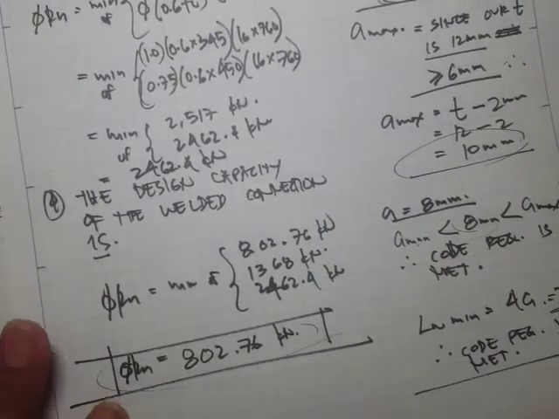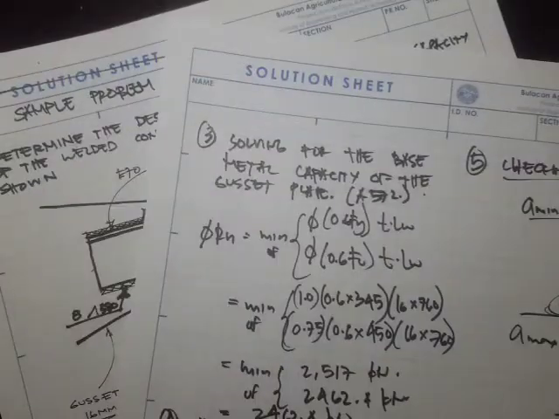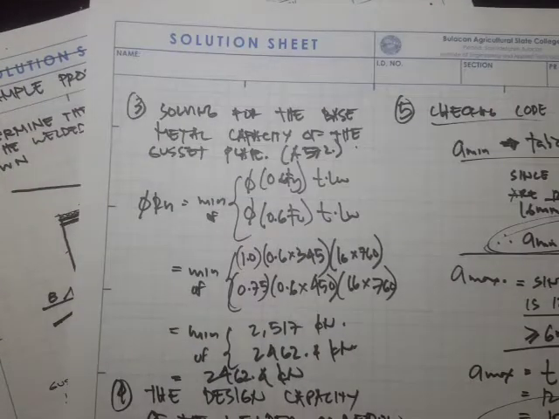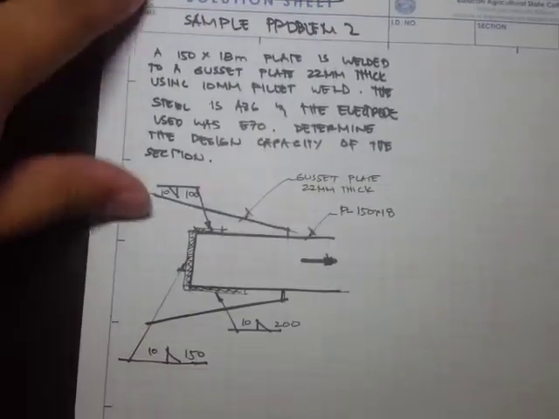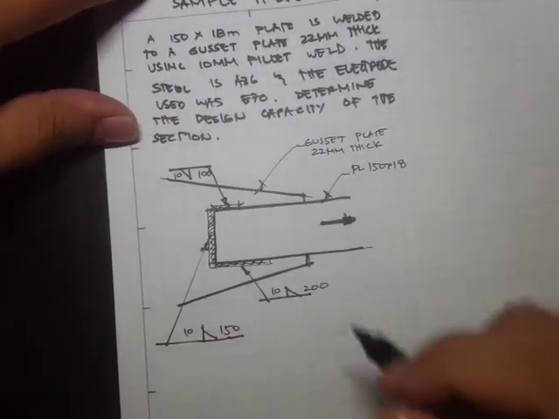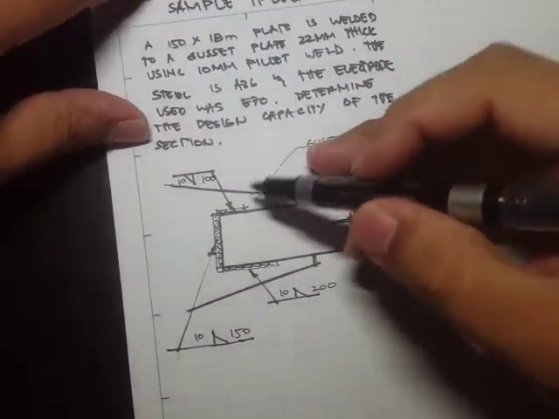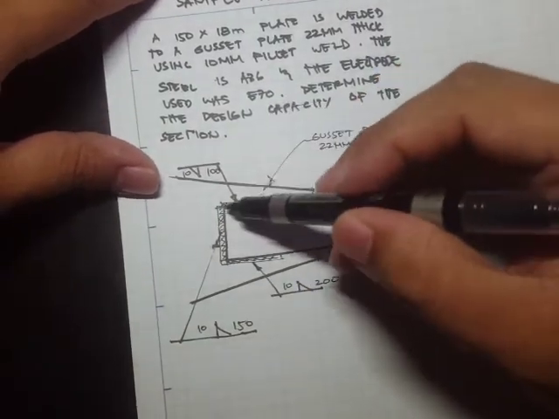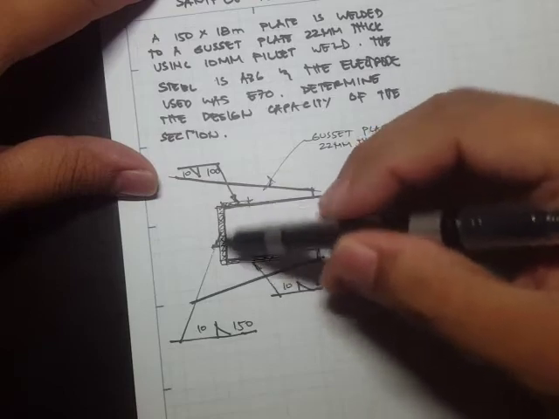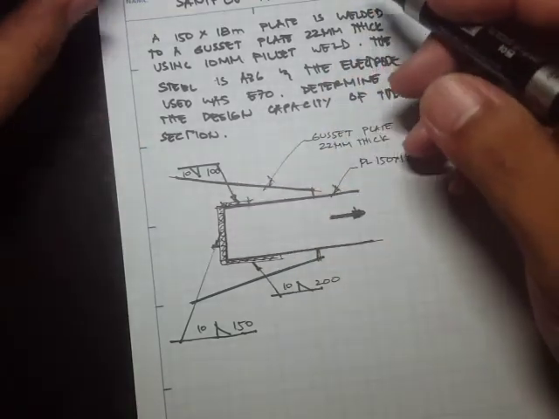Okay, so now we will do another problem for this welded connection, but this time we will have different weld configurations. So we will now include a longitudinal weld and a transverse weld.